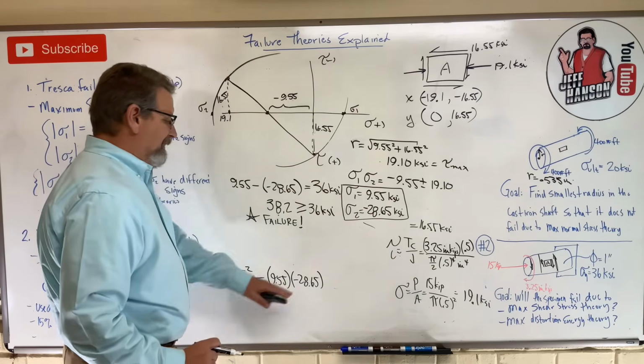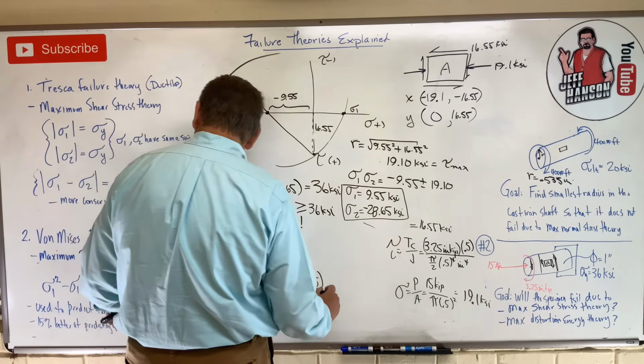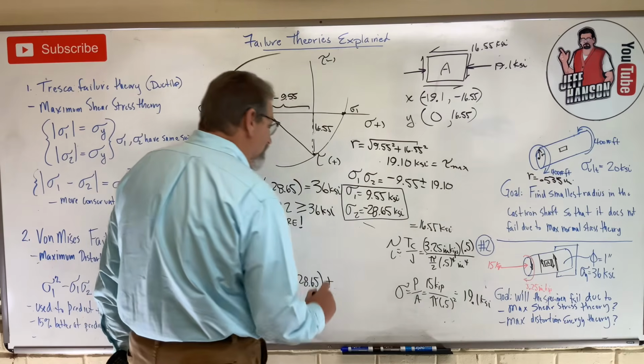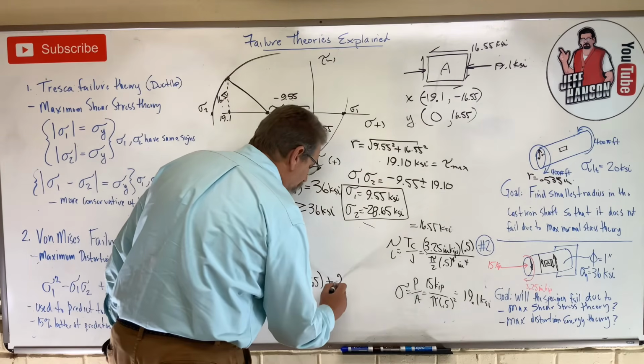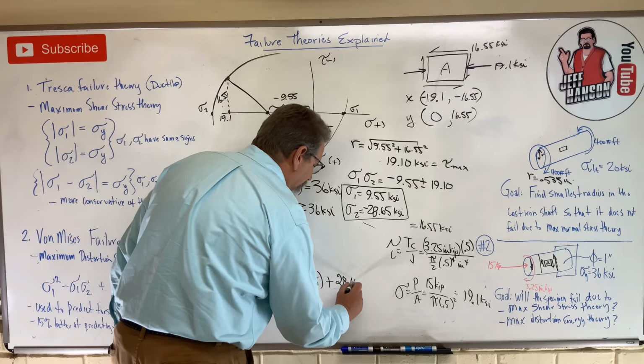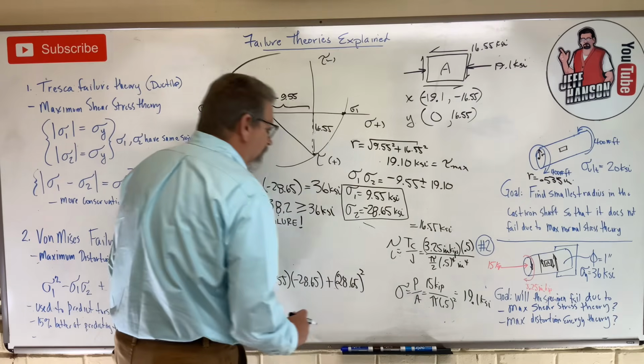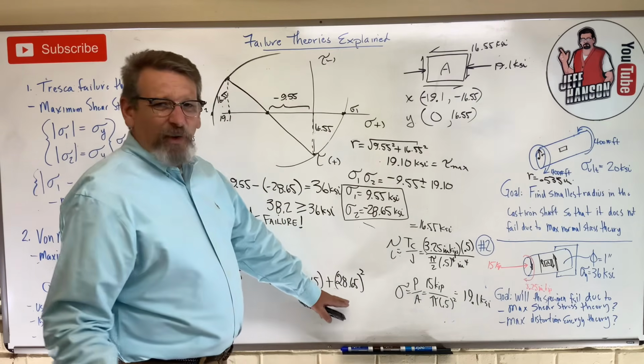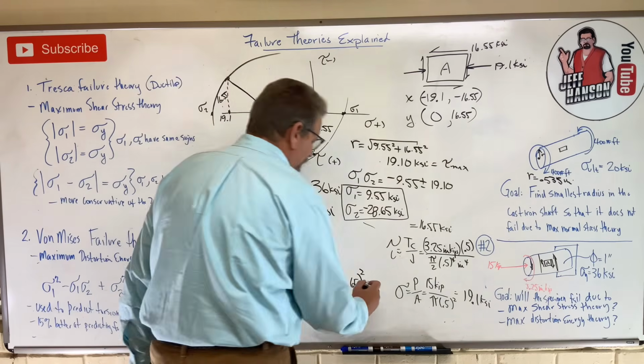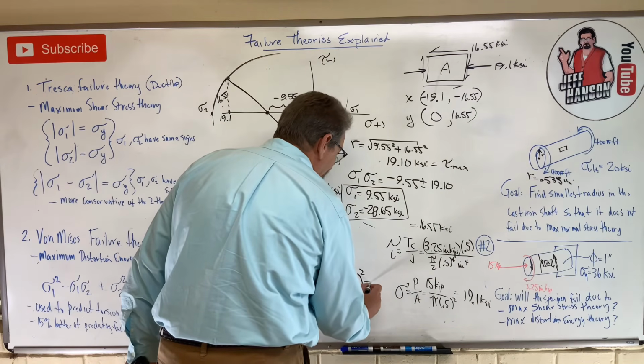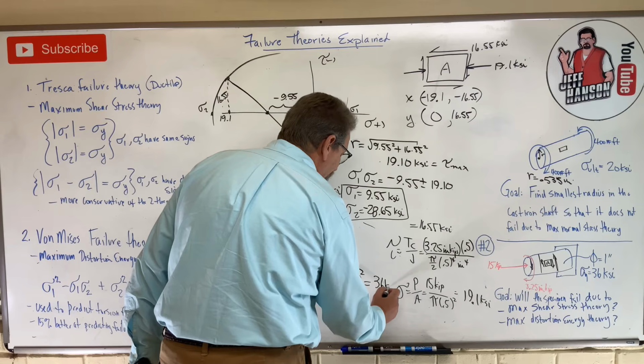Again, minus and a minus, going to turn that into a positive, plus sigma 2, 28.65 squared. But it's negative. I'm squaring it, okay? Equals, here it is, 36 KSI.